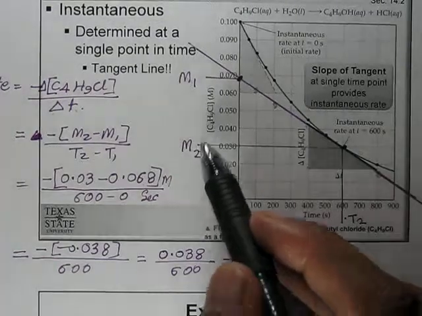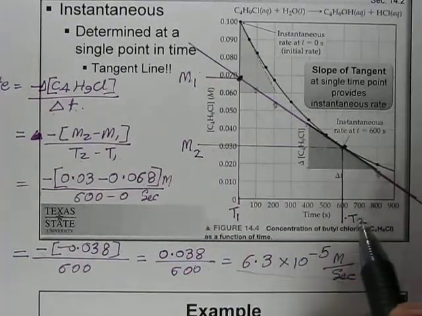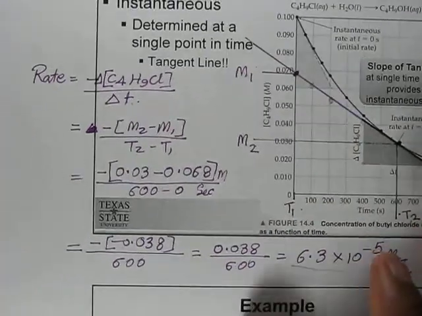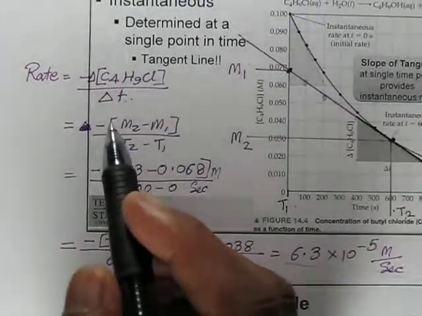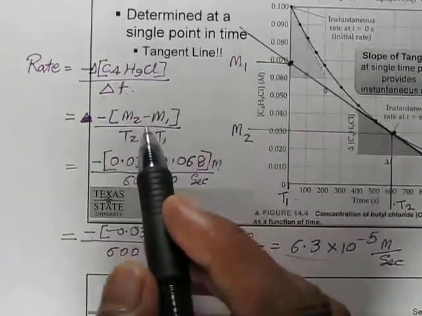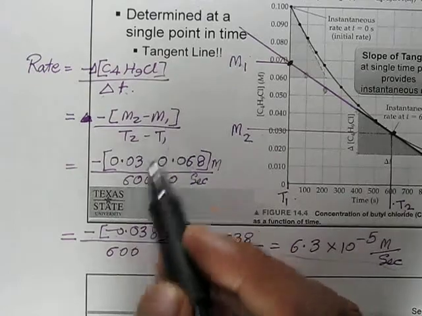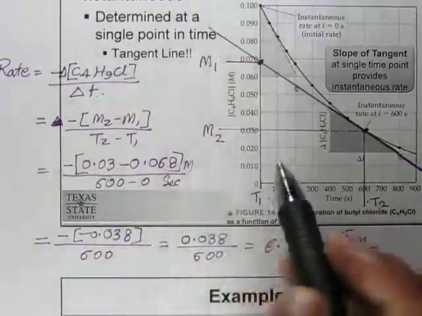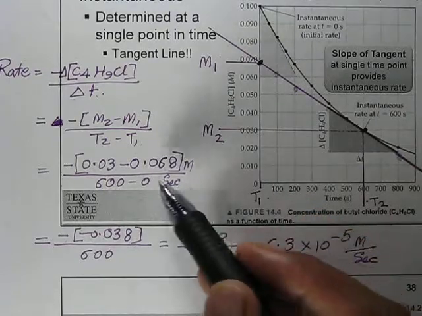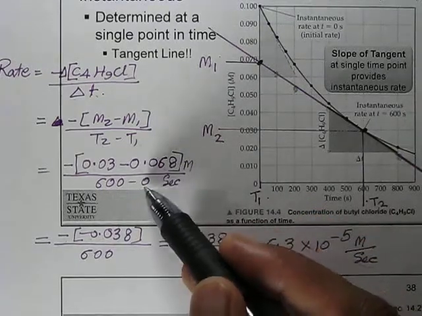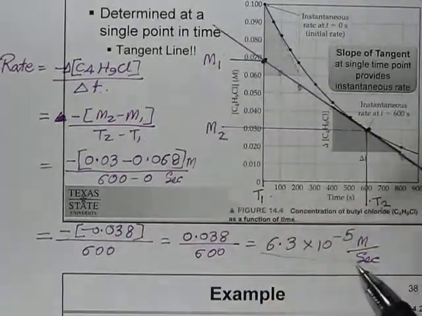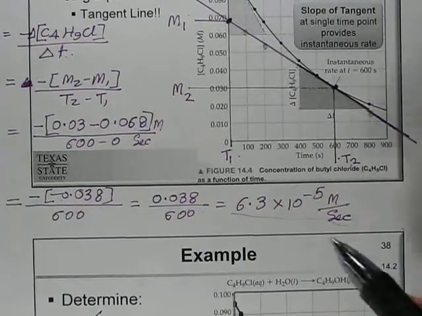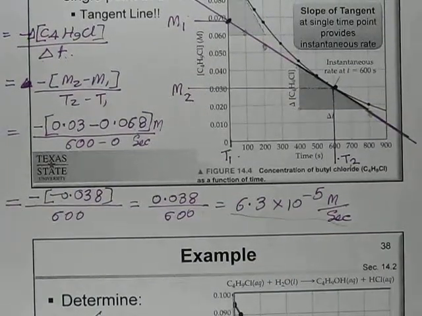So this will be M2 minus M1 divided by T2 minus T1. So we can write the rate of disappearance for the instantaneous rate: M2 minus M1 over T2 minus T1. M2 is 0.03 minus 0.068 divided by 600, and then you can calculate the instantaneous rate.